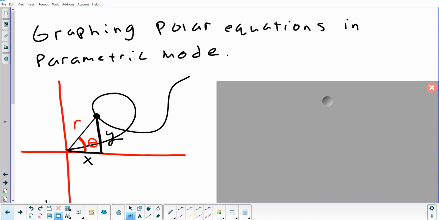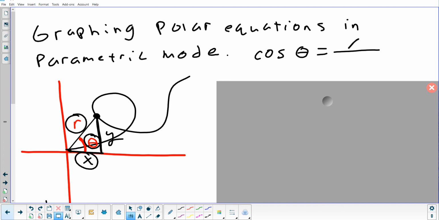Tangent? No, because if you're trying to get the x value, you're going to know this, and you're going to know this, and you're trying to find this. You would use cosine. Right? Cosine of theta equals, and what side is adjacent?